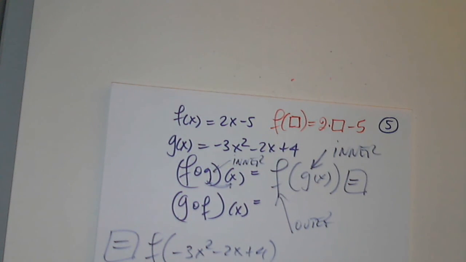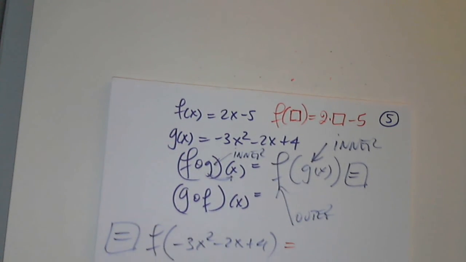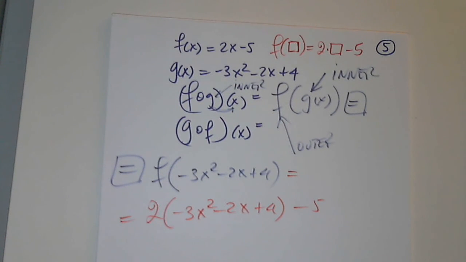The pattern of f says to me 2 times whatever you want, minus 5. This is my whatever I want, the negative 3x squared minus 2x plus 4. So this is 2 multiplied by negative 3x squared minus 2x plus 4, and minus 5. Let me know if this is understood.